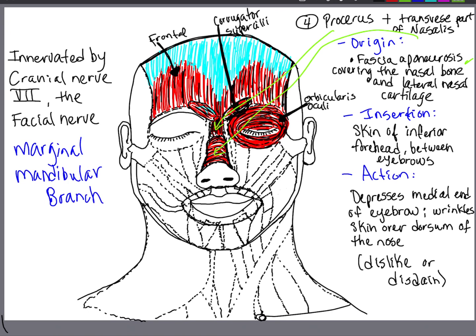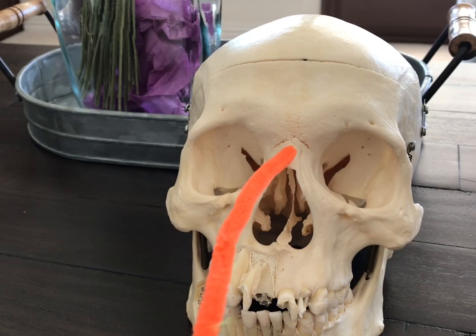The insertion is going to be the skin of the inferior forehead between the eyebrows. And the main action is to depress the medial end of the eyebrow. It also wrinkles the skin over the dorsum of the nose, like when you are conveying something that you dislike. Nasal bone.